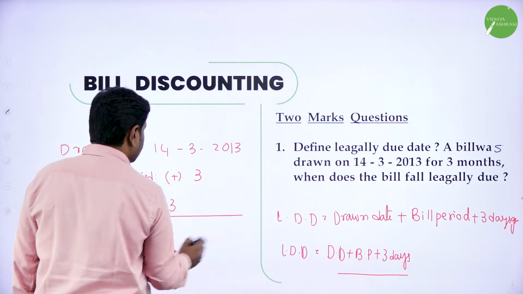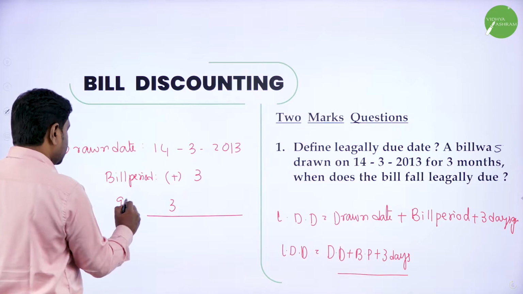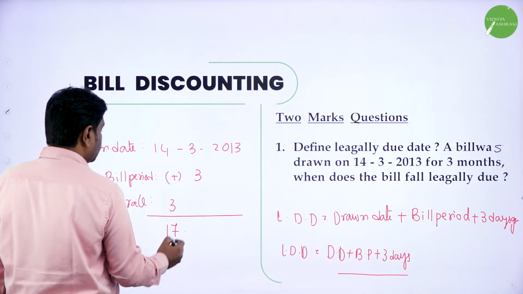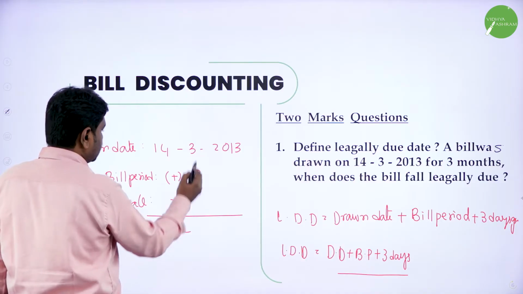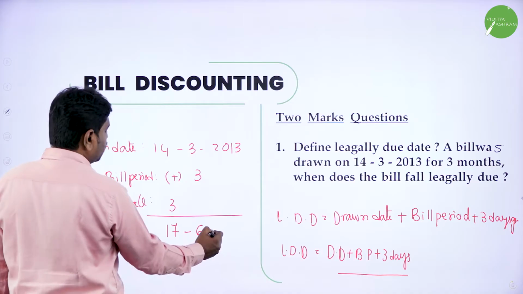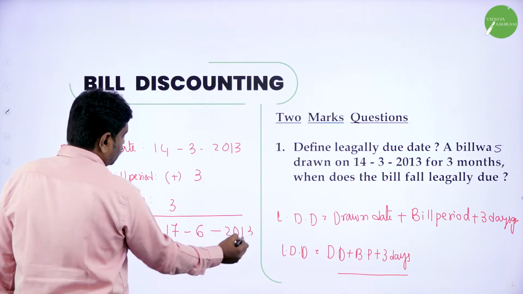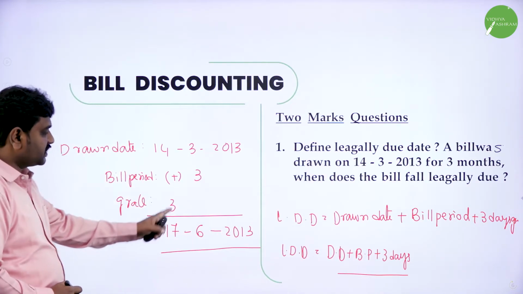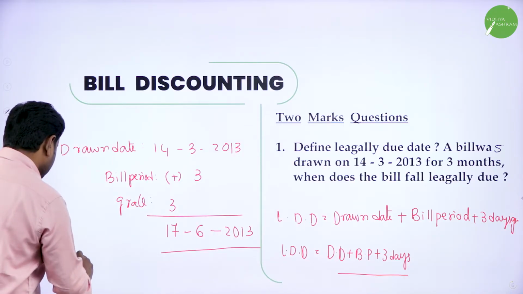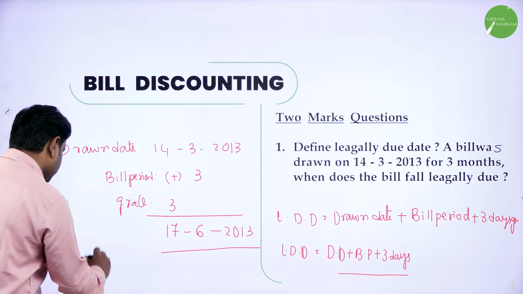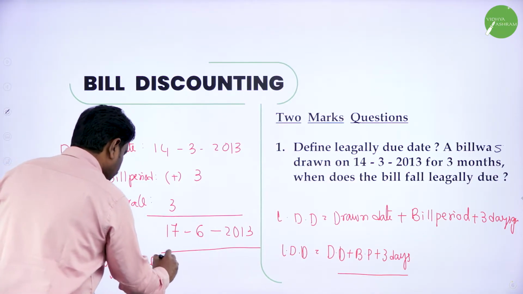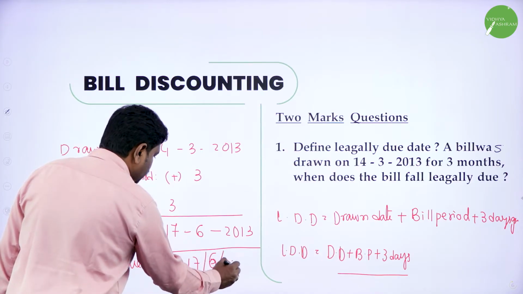For 3 days also we should add. So grace is how much? 3 days. Now 14 plus 3 is 17, and for the month, 3 plus another 3 months becomes 6 months, in 2013. So it will fall due on 17/6/2013. They want the legally due date, and you got it: legally due date is equal to 17th June 2013.